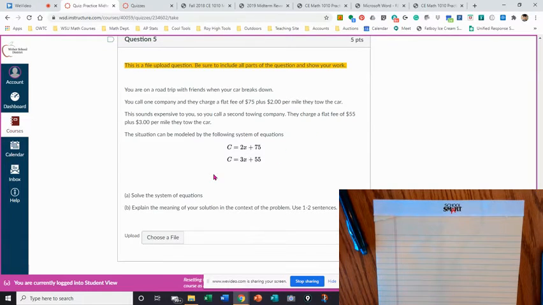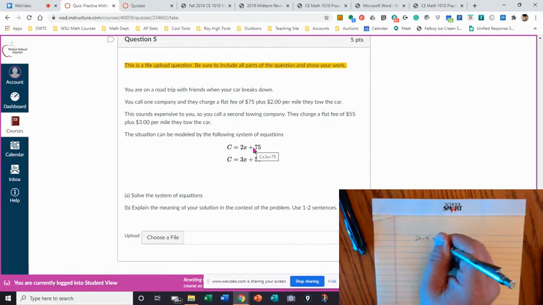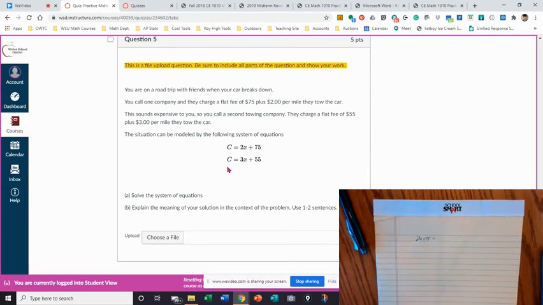Hey, this is set up really, really nice for substitution because I can just take this equation, the 2x plus 75, and set it equal to this equation, the 3x plus 55, and solve it, right? So I'm going to subtract 55 from each side, and I'll subtract 2x from each side. 75 minus 55 is 20 equals x.